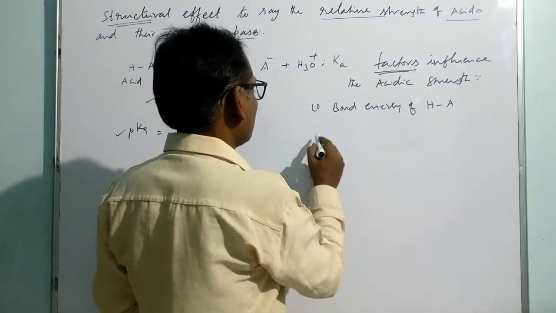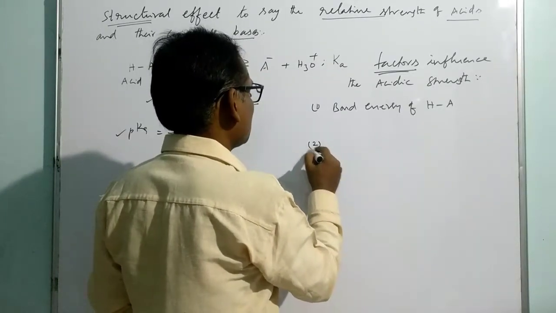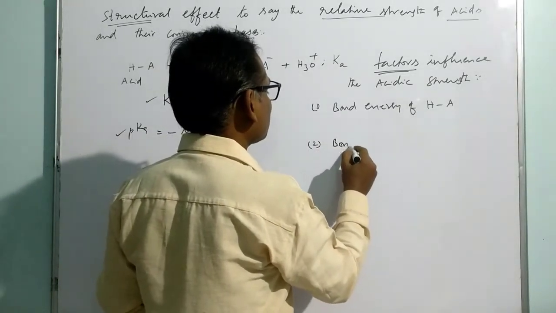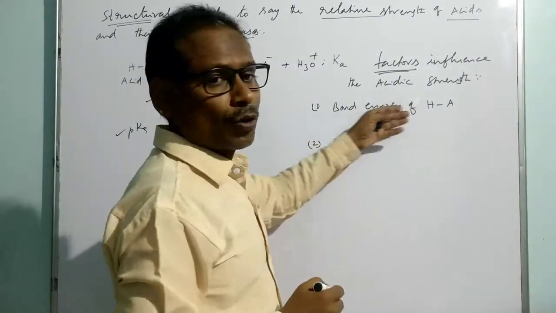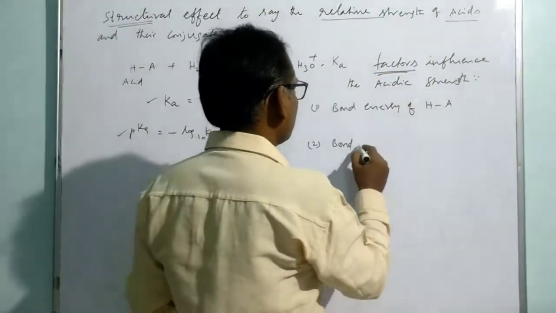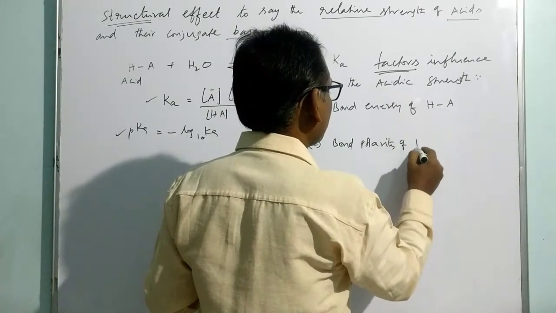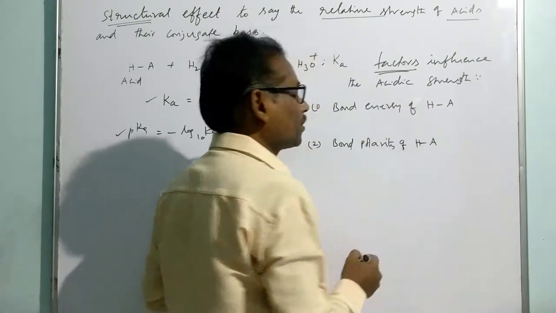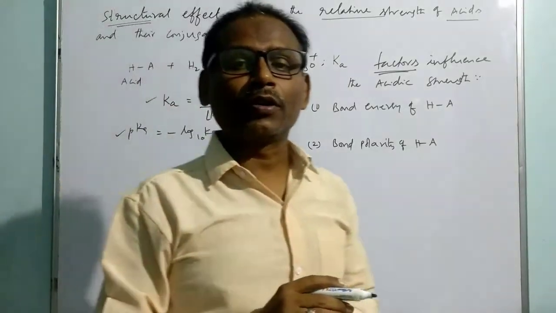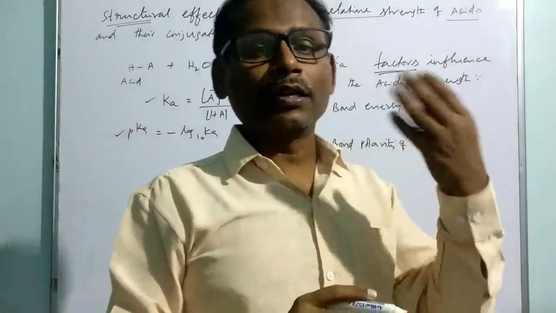And we have the factor of bond polarity. First priority we have to check bond energy. The next we can go for bond polarity of HA, which normally depends upon the electronegativity of the atom from which the proton is supposed to be ejected.